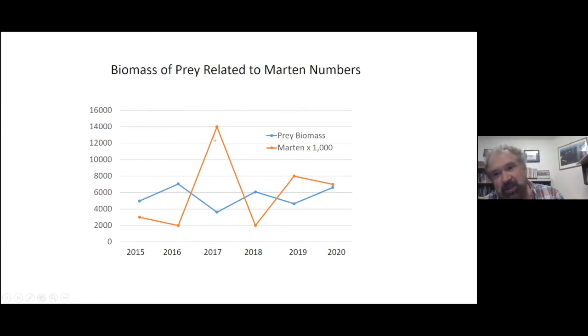That may seem silly, but to get them to overlay on each other, it requires multiplying the martens by such a large number. When you run a correlation analysis on this, it turns out that there is a perfect inverse correlation between prey biomass, the actual volume of food out there, and how many pine marten you have.